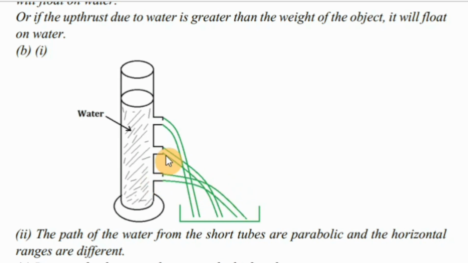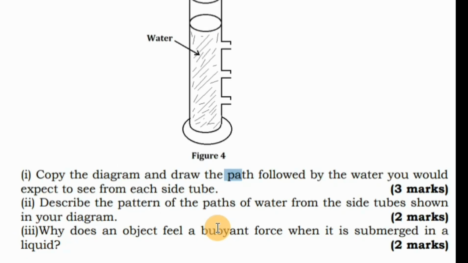The following one is tube 2 and the last one is tube 1. Next is the buoyancy force when an object is submerged in liquid. We know that when an object is submerged in fluid, it will try to sink, and as the object moves deeper, it is increasing the depth.